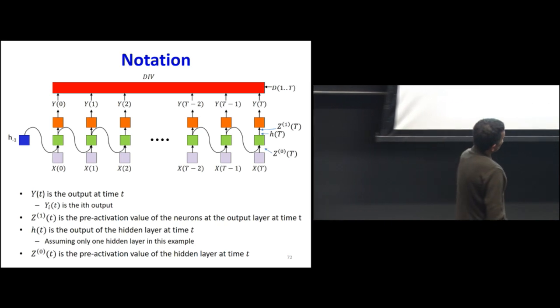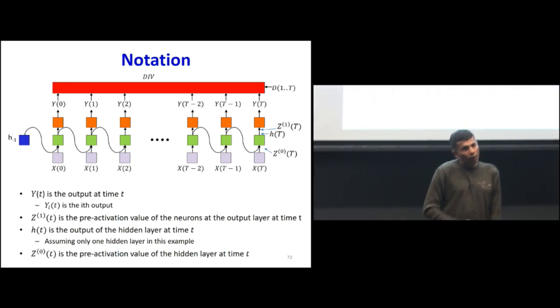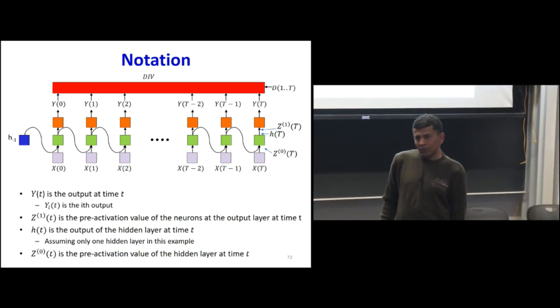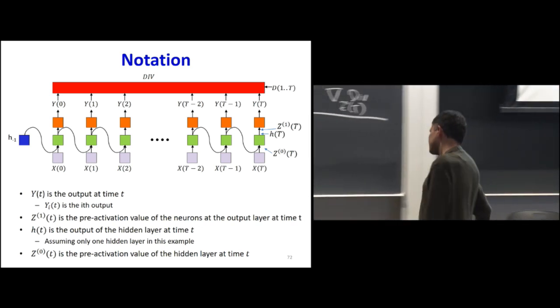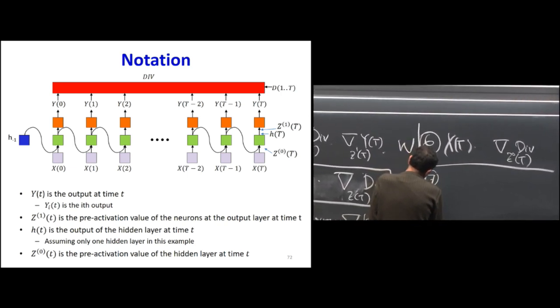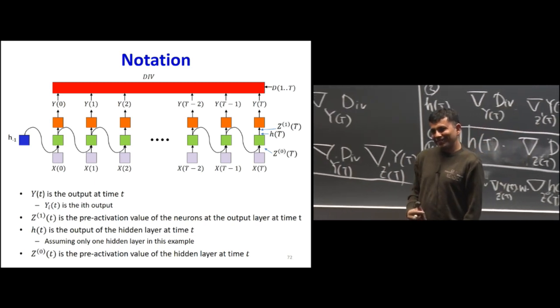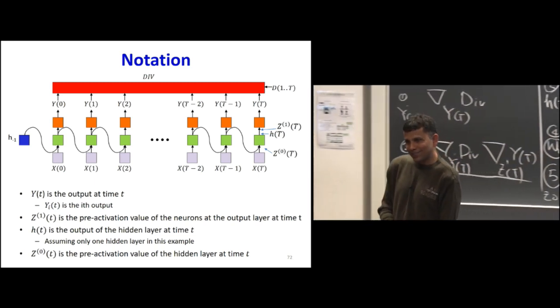There is another weight out here. This edge also has a weight. Let me call that W11, okay? So what is the derivative with respect to W11? Munira? Yes, what would that derivative be?